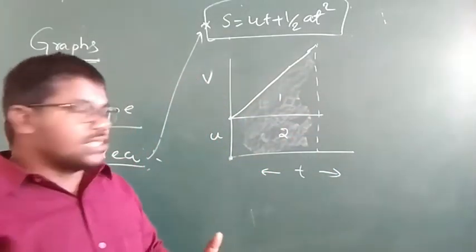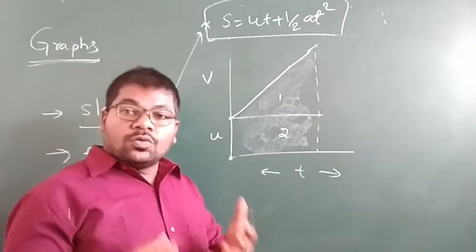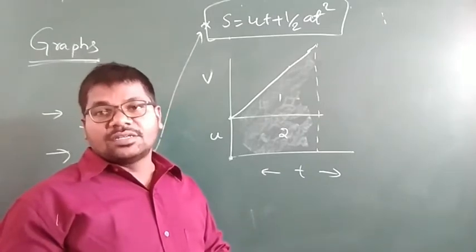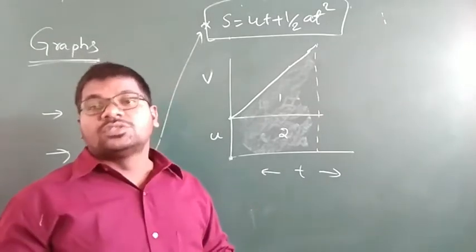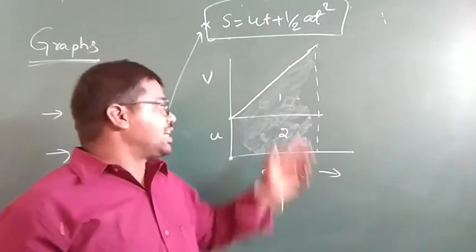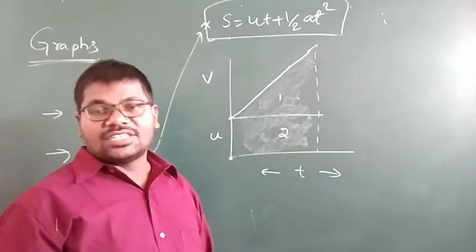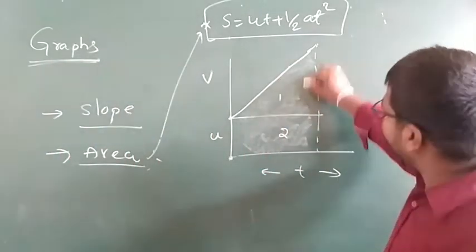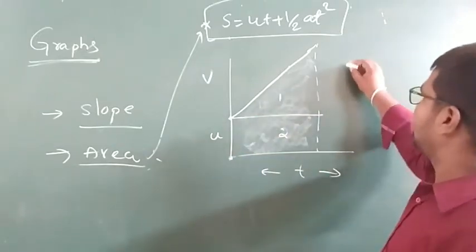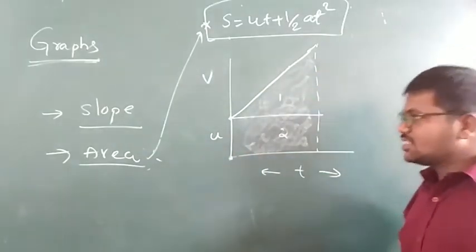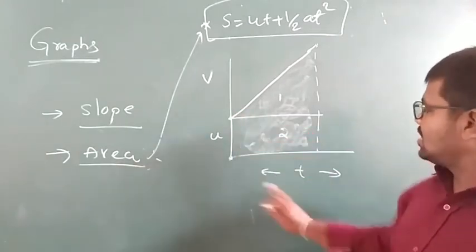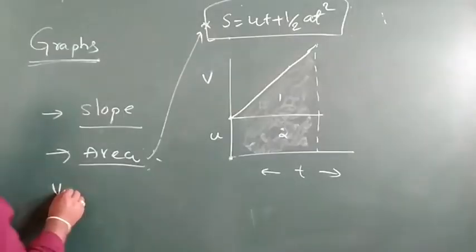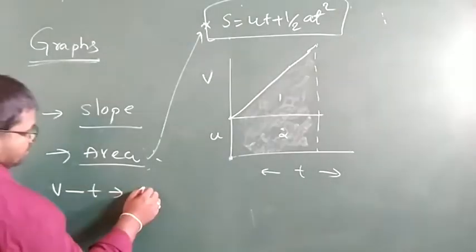By splitting this area, we are able to know the particular shapes. If we know the particular shape, we can apply the formula: triangle, rectangle. Understand, my children? So now the shaded region will give the displacement, because the area under the velocity time graph will give displacement.